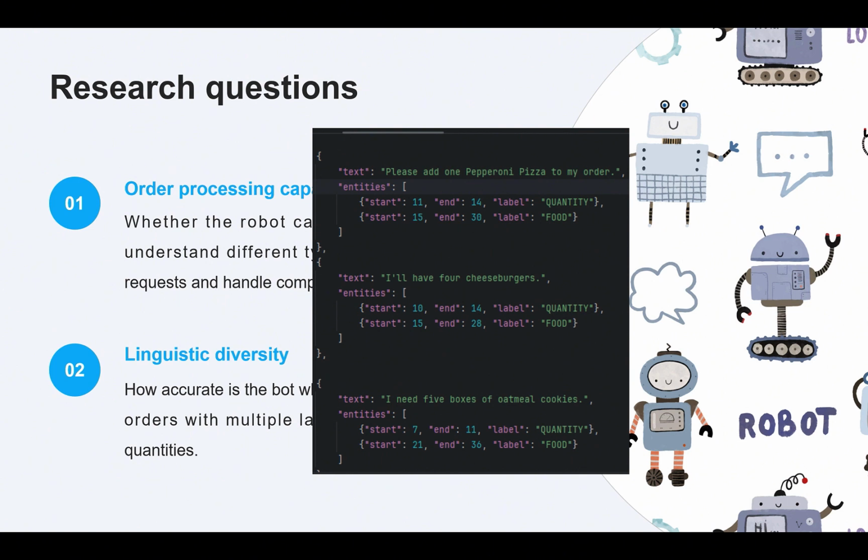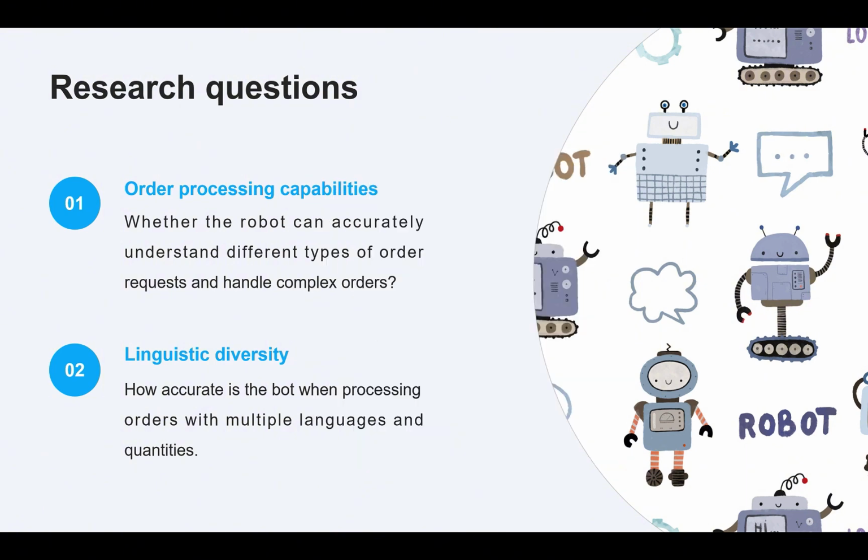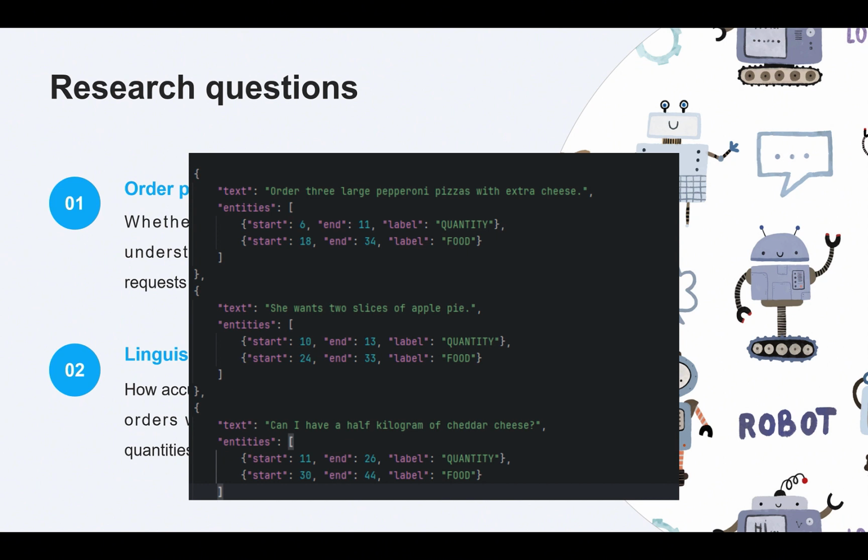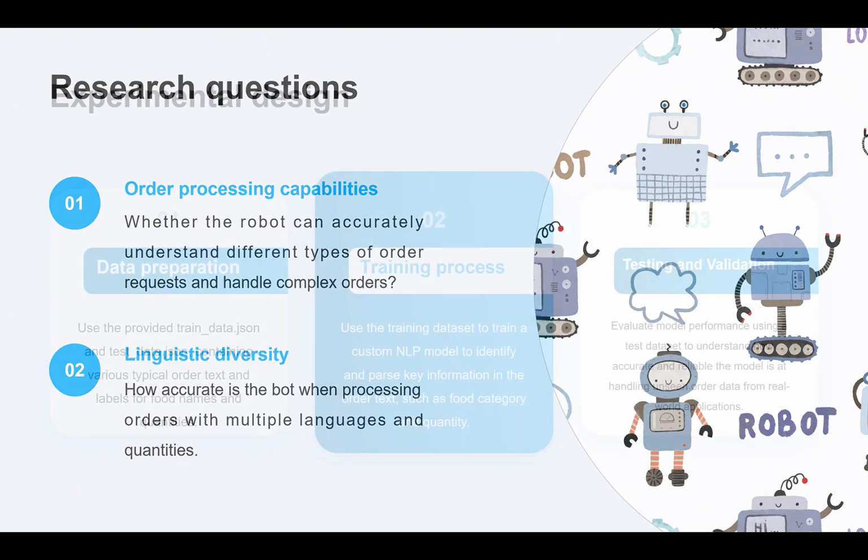Our main research question focuses on the ability of an order chatbot to process and understand customer orders, with a particular focus on its performance when parsing complex orders containing multiple items and quantities. Key questions are listed here.